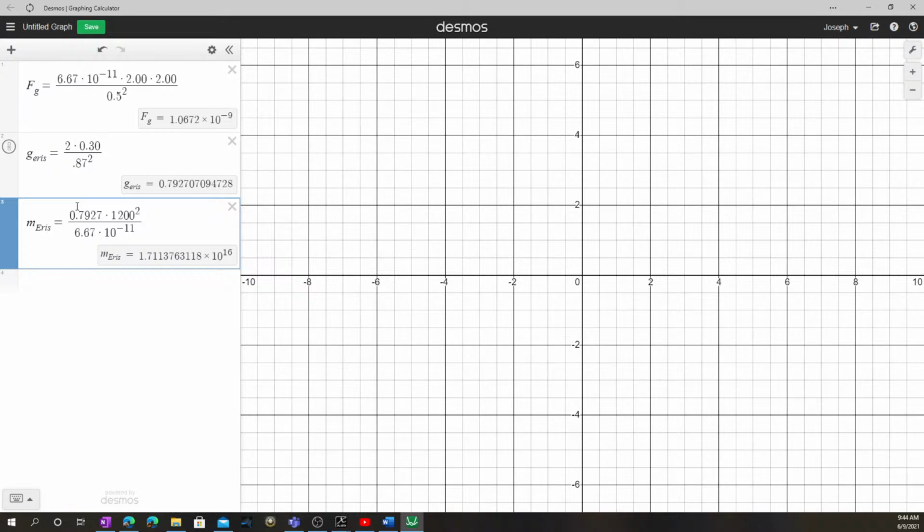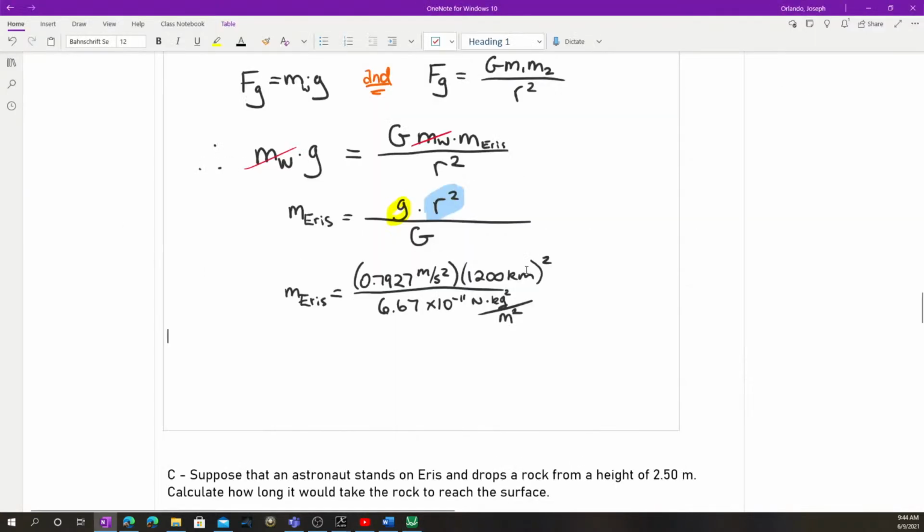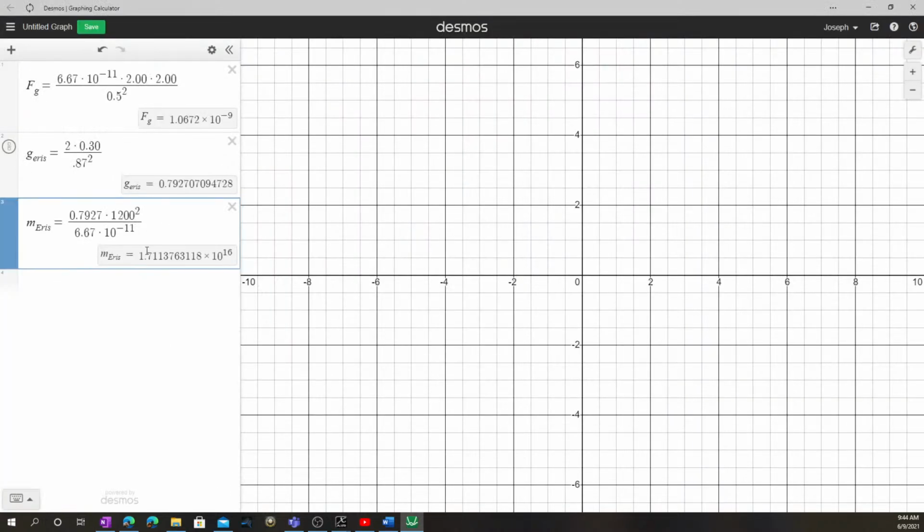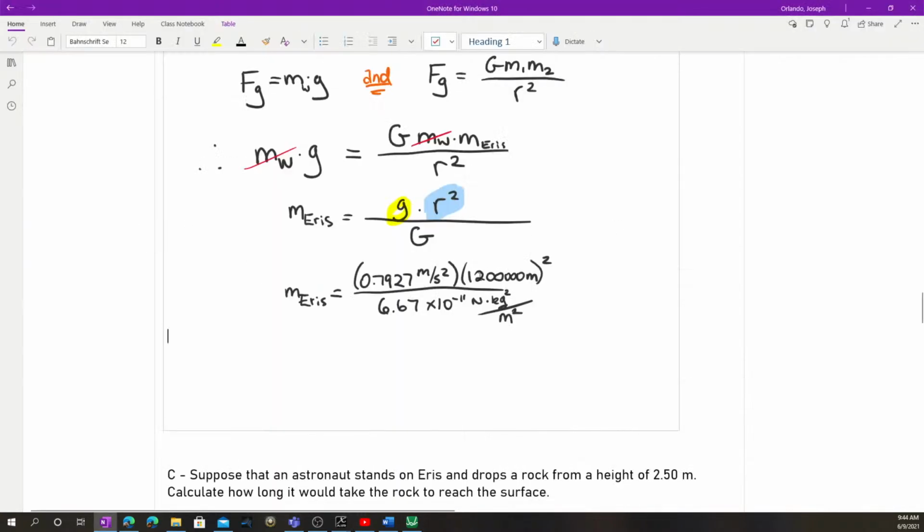There we go. And oh, 1,200 kilometers. Ooh, careful. Careful. Ooh, did we all note that? So, to make it meters, we just have to multiply it by 1,000. 1, 2, 3 more meters. Whew! Almost made a mistake there. Yeah, whoo, oh boy, that was scary. Sorry about that.